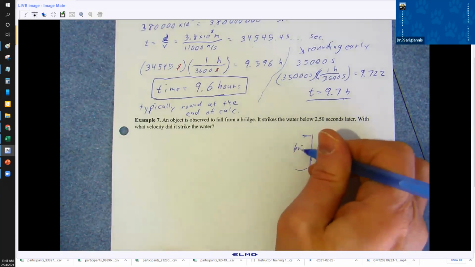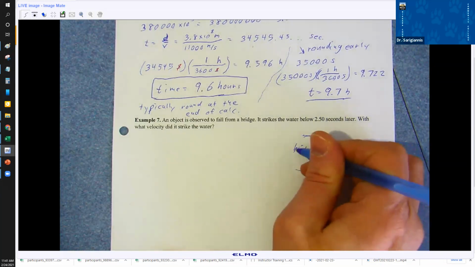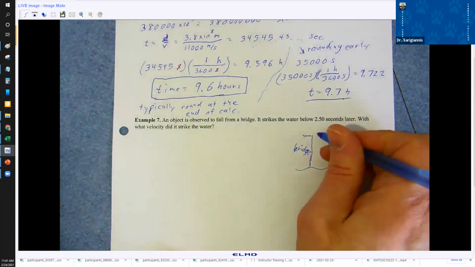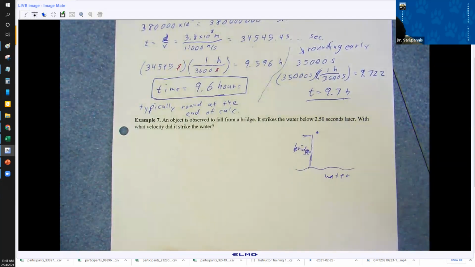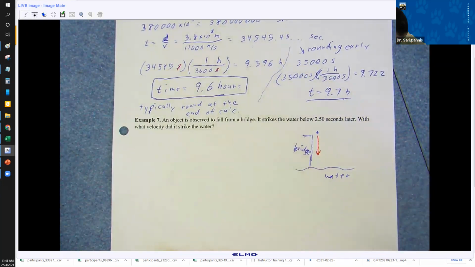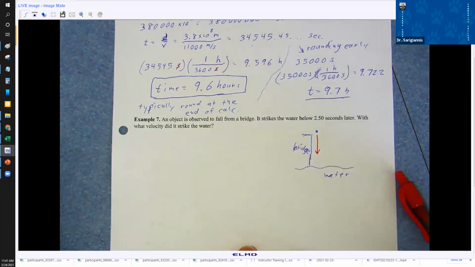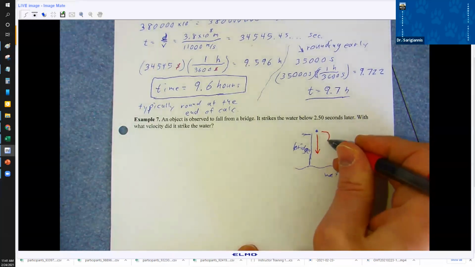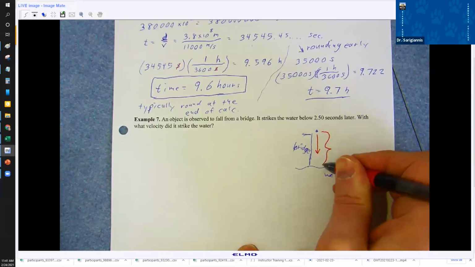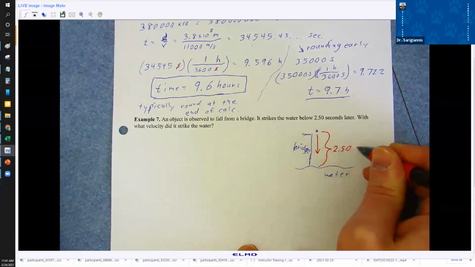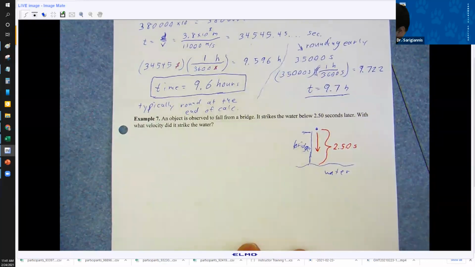Bridge. And I see this object fall, right? And the only information we're given is that the time from when I see it fall to when it hits the water is 2.50 seconds.